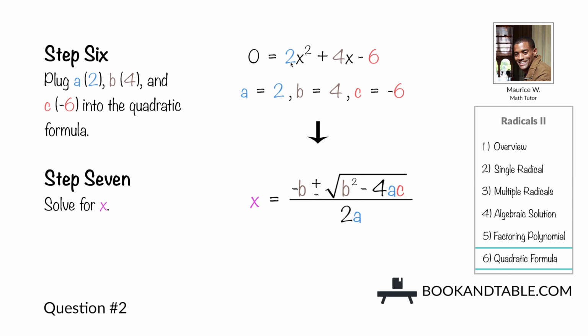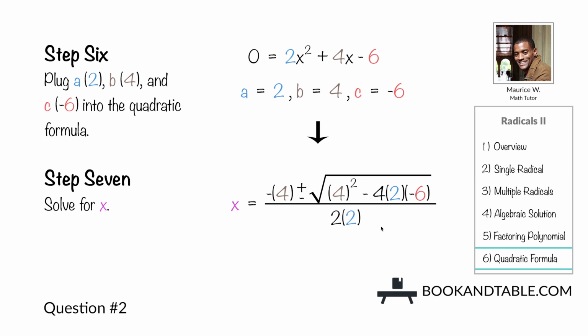So step 6, plug a, which is 2, b, which is positive 4, and c, which is negative 6, into the quadratic formula. And then step 7, solve for x. So negative b is negative 1 times 4, plus or minus the square root of b squared, which is 4 squared, minus 4ac, which is 4 times 2 times negative 6, over 2a, which is 2 times 2.